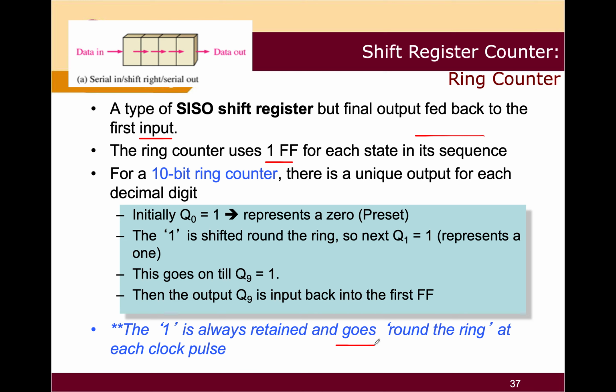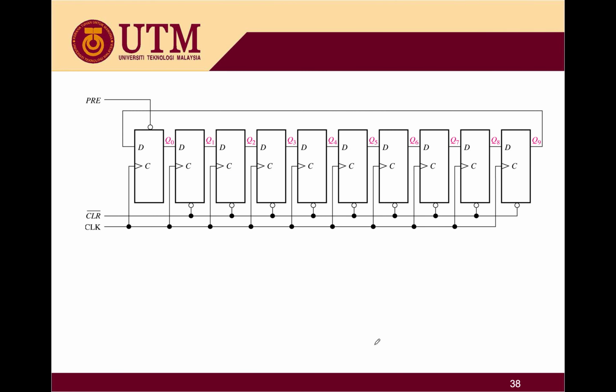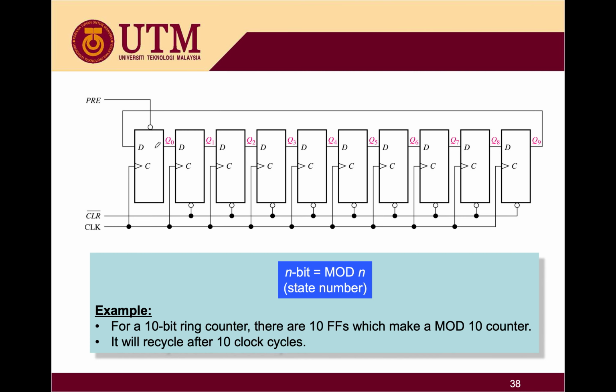So this is the example for your ring counter. You can see it loops back to the first flip-flop. So this is n bits, the mode is the modulus and the number of states. For example, a 10-bit ring counter has 10 flip-flops, which makes a mod 10 counter.